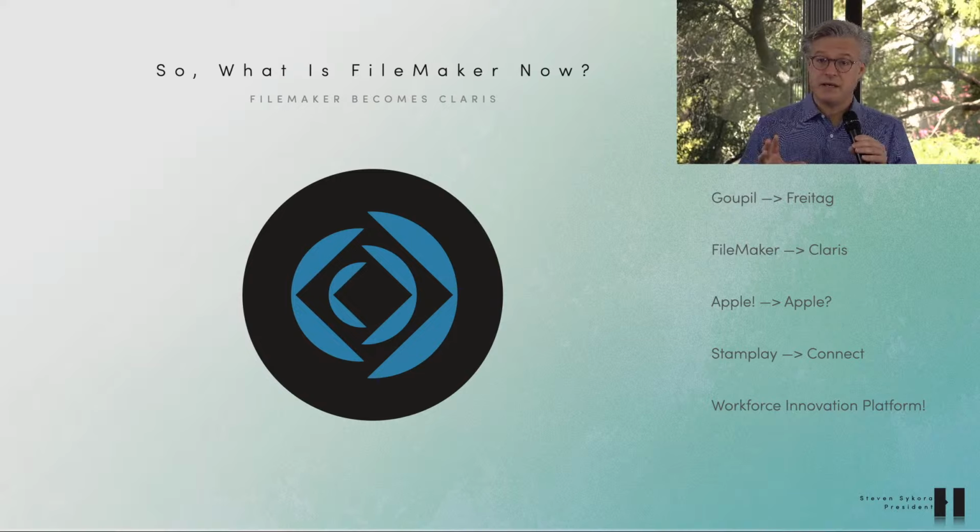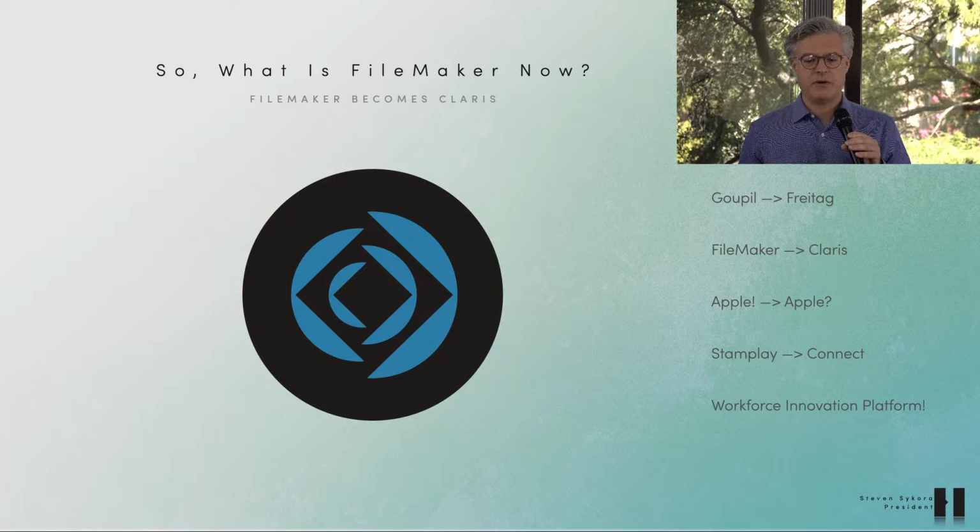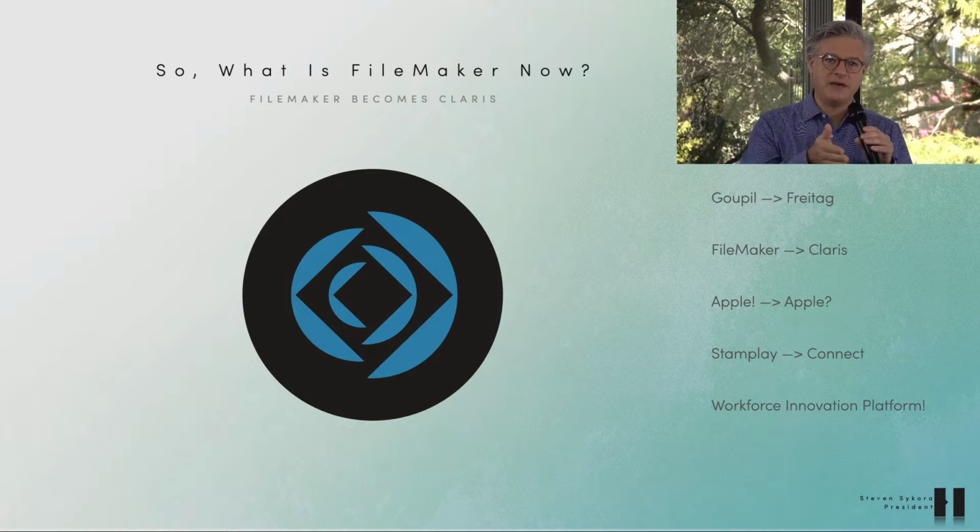FileMaker 19 was released earlier this year on May 20th. And I think it's useful to think of FileMaker 19 as the transition version of the FileMaker product line within the larger Claris roadmap. The FileMaker 18 family was kind of set in stone by the time the Claris transition was started last year.